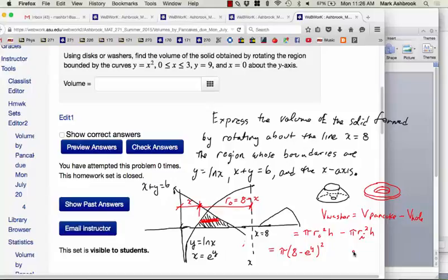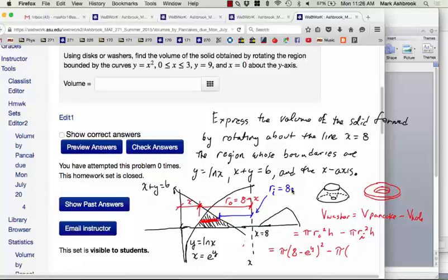All right, what about the inner radius? So the inner radius, I'll do it in blue, is from here to here. That's our inner, which equals 8 minus, it's also an x coordinate, but the x coordinate on the line.